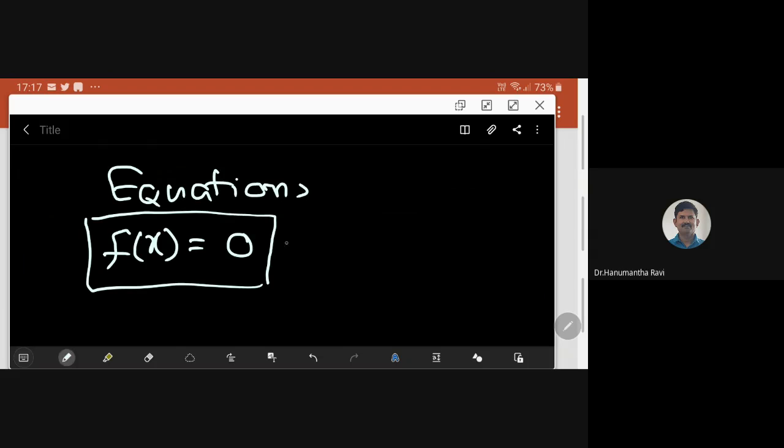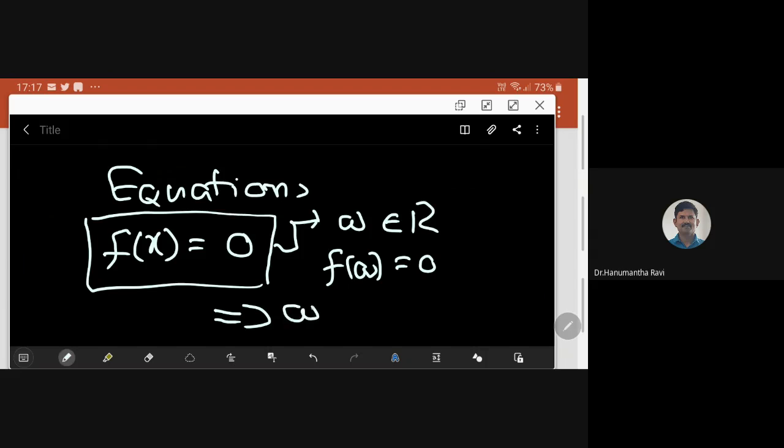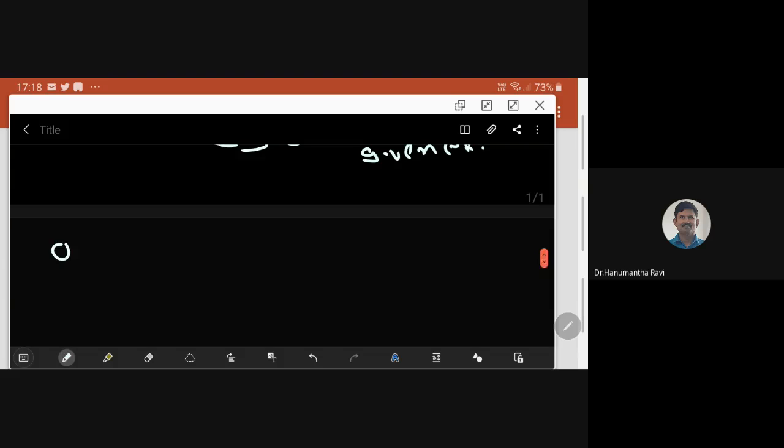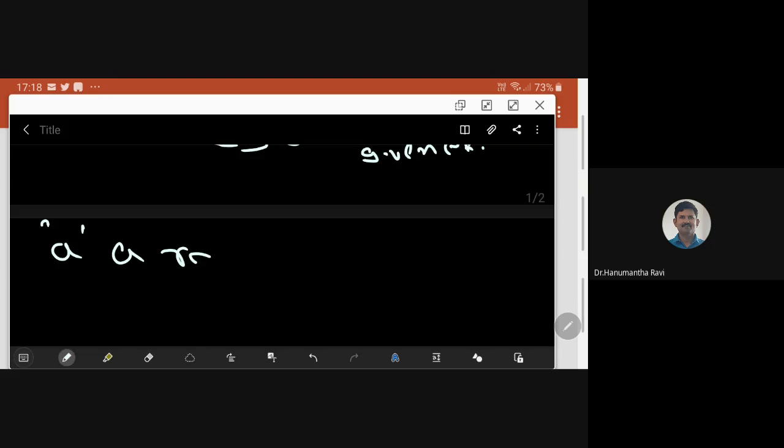A solution here is any real number a such that f of a is equal to 0. In such a case, we say that a is a solution to the given equation. Sometimes we also call it a root. a is also known as a root of the equation.